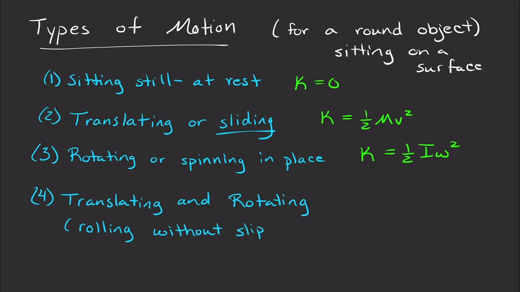Because if you're slipping, it's kind of like your tires are spinning and you're not moving forward. You're slipping as you're trying to move forward. So you're not actually going anywhere. So rolling without slipping means you're not only rolling, but you're also moving forward. So your total kinetic energy is the sum of your translational kinetic energy plus your rotational kinetic energy.